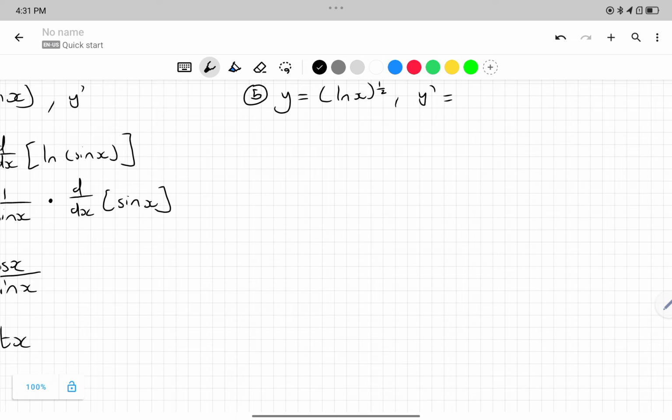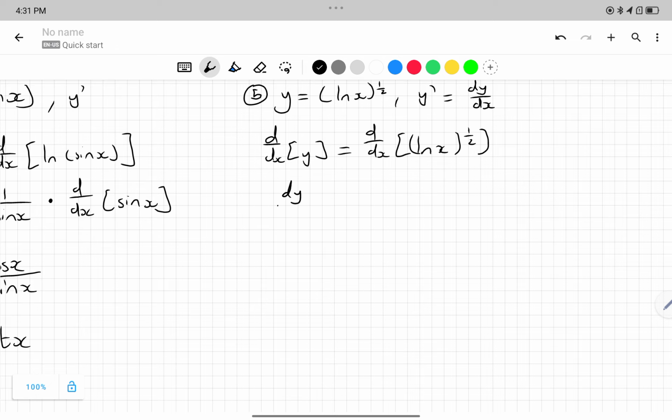Remember, y prime is equal to dy over dx, so don't be confused when I write dy over dx. I just prefer the notation. So d over dx of y is equal to d over dx of this.